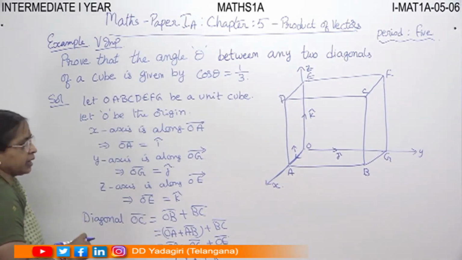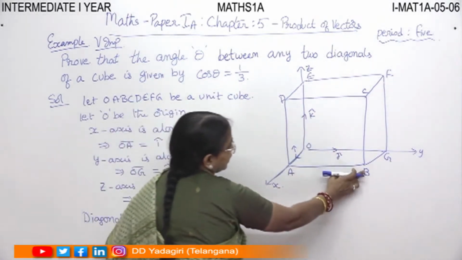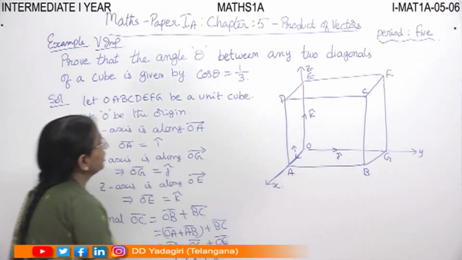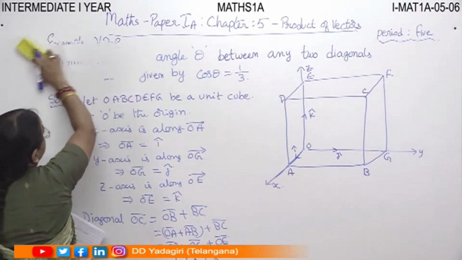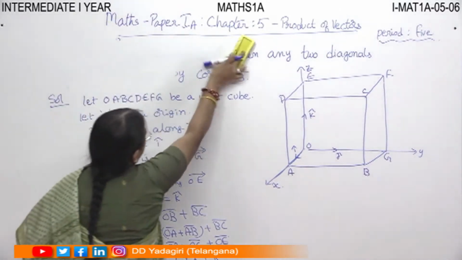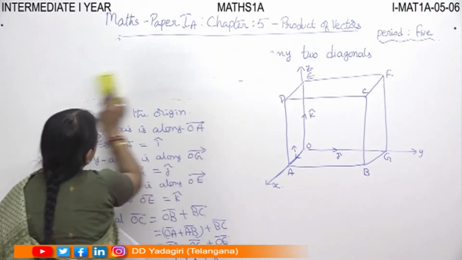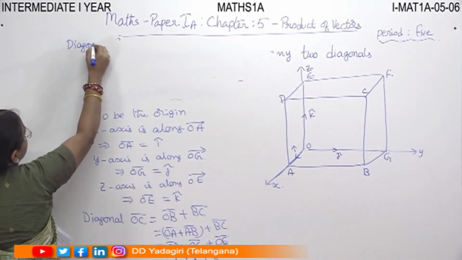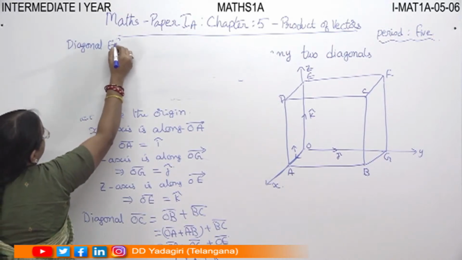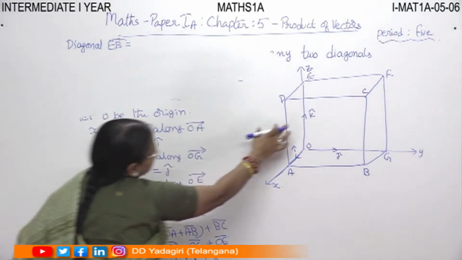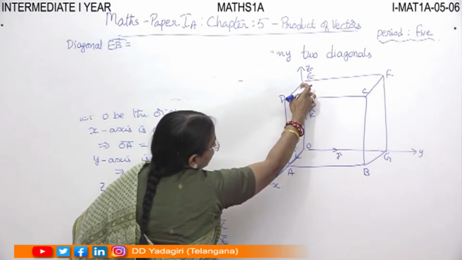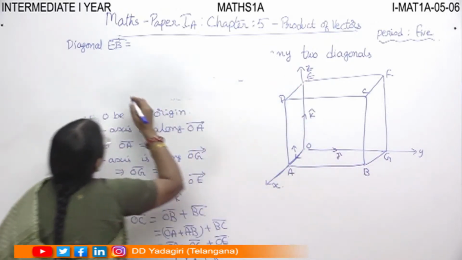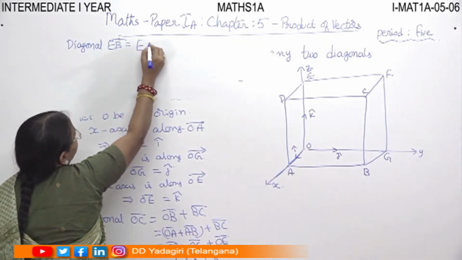So now we'll take another diagonal. Another diagonal I can take as BE or EB. Suppose I take EB. So the diagonal EB is equal to EO plus OB, according to the triangle law of vectors.